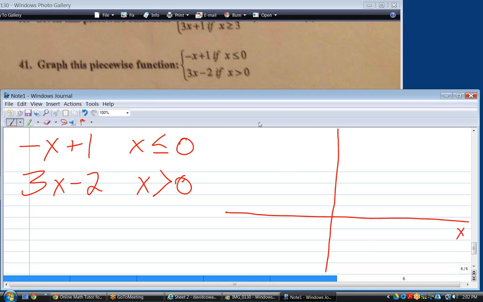It doesn't say whether it's f of x or y, I'll call it y. So, how do I graph this? You could start at 1 for the top one. Okay. And then you would go... Is that a closed dot or an open dot? Open.